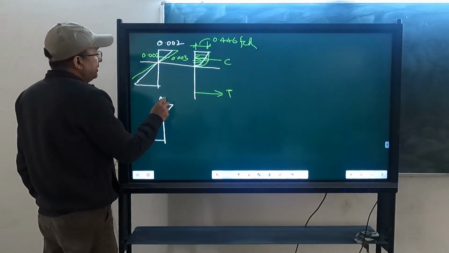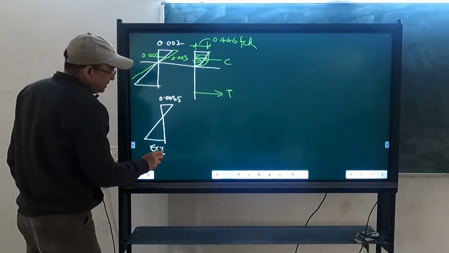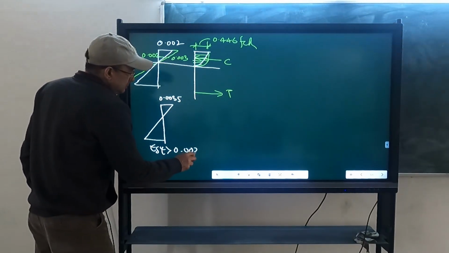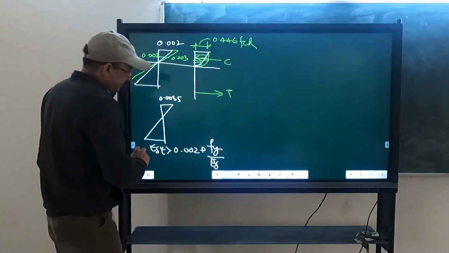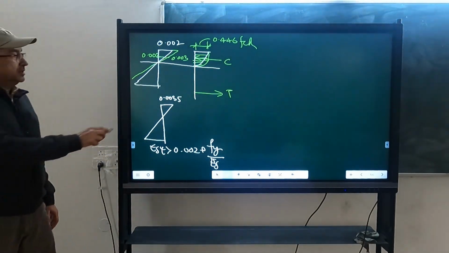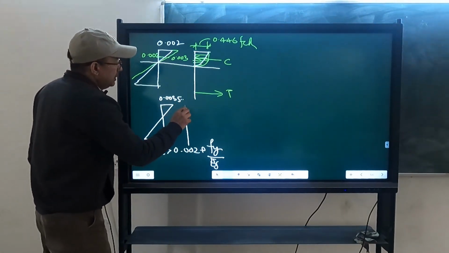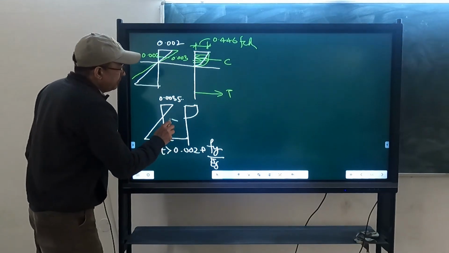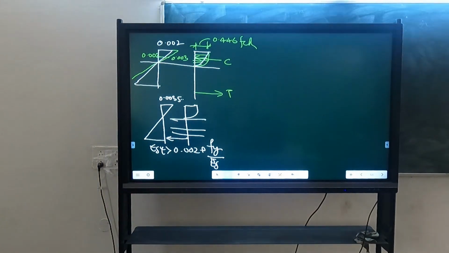Strain diagram is same. Let us say 0.0035 here, and here some epsilon st greater than 0.002 plus fy over Es. So strain is fixed, but with the same strain, if you calculate moment about different axes, the moment will be different.